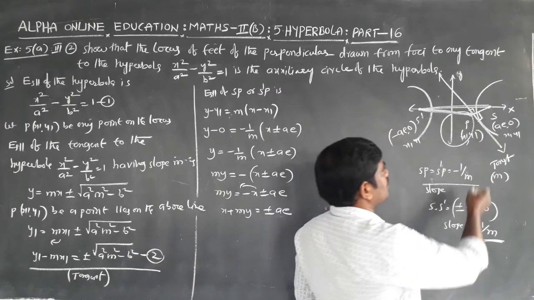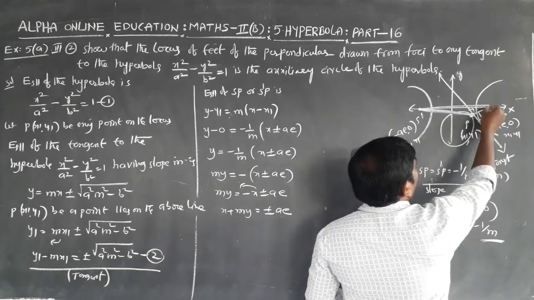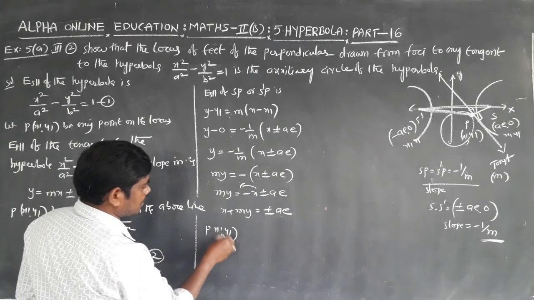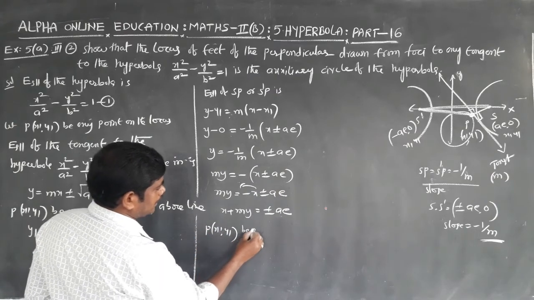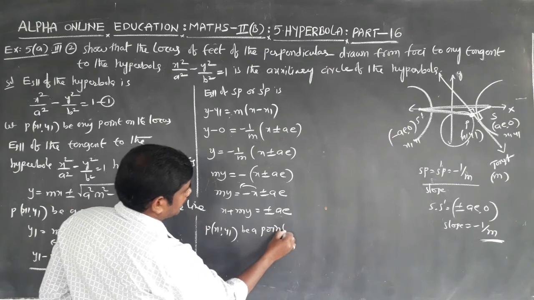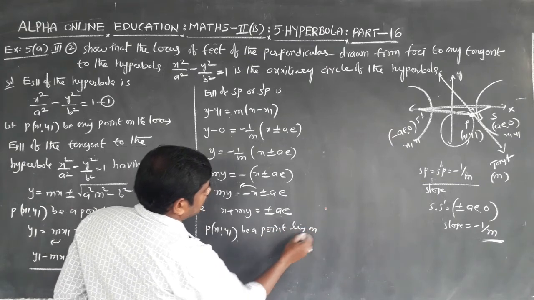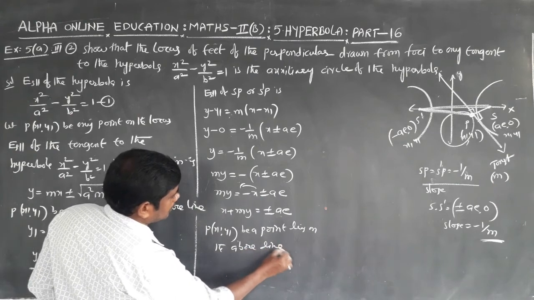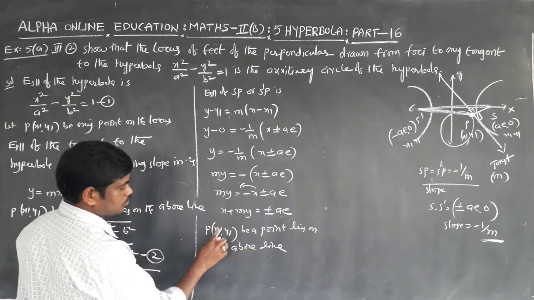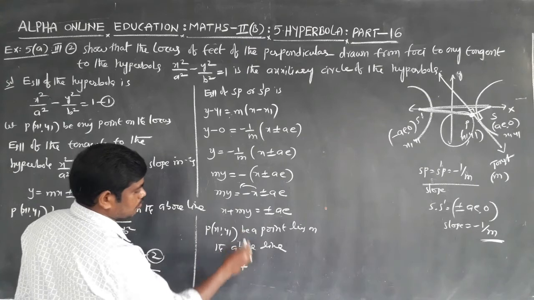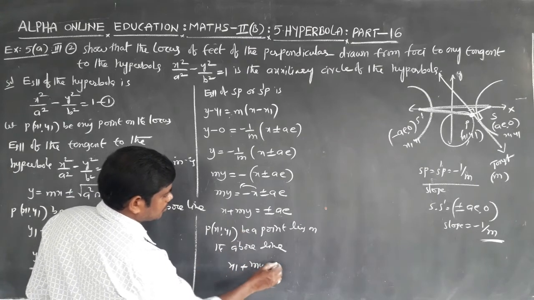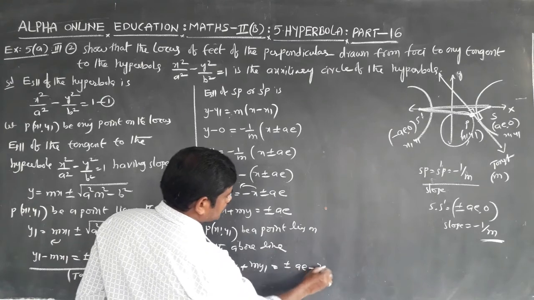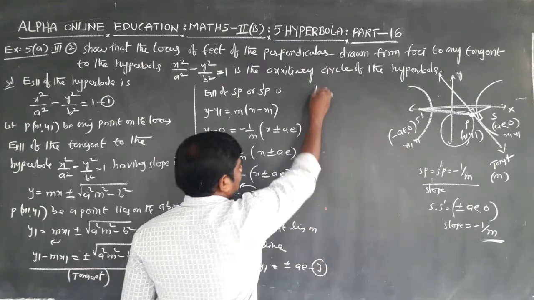Here P(x1, y1) lies on the above line. So substitute x equal to x1, y equal to y1: x1 plus my1 is equal to plus or minus ae.